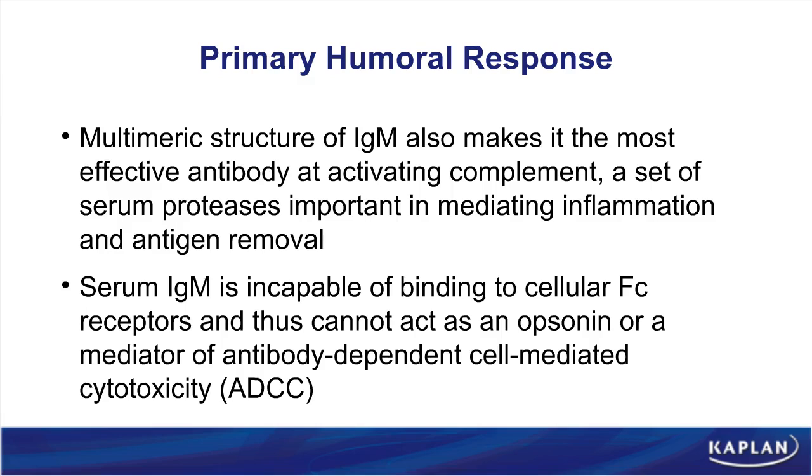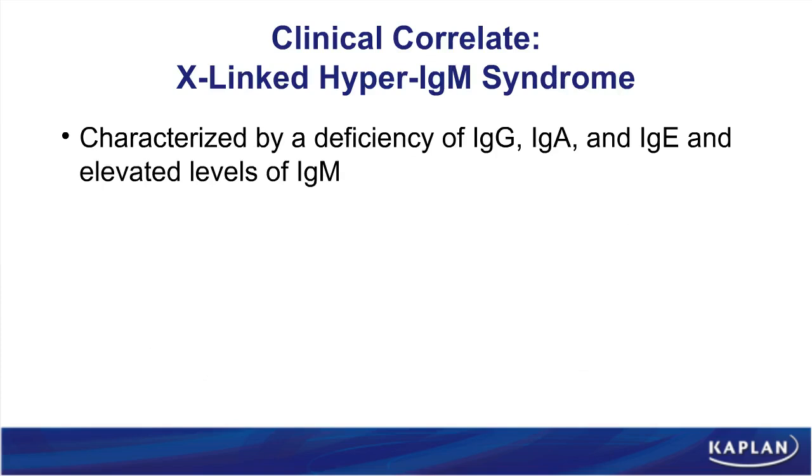This is where we get into a little bit of the difference in effector functions between IgM and some of the other antibody isotypes. How important is class switching? It's actually pretty important because if we are unable to class switch, we can actually wind up with an immunodeficiency disease known as X-linked hyper-IgM syndrome.